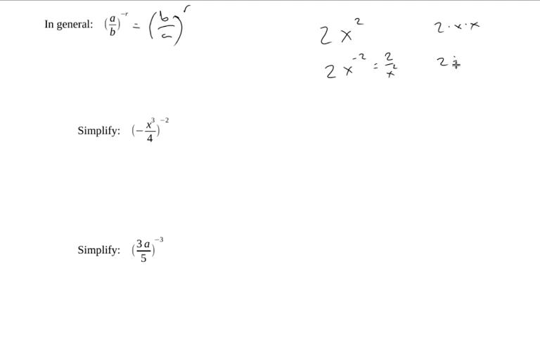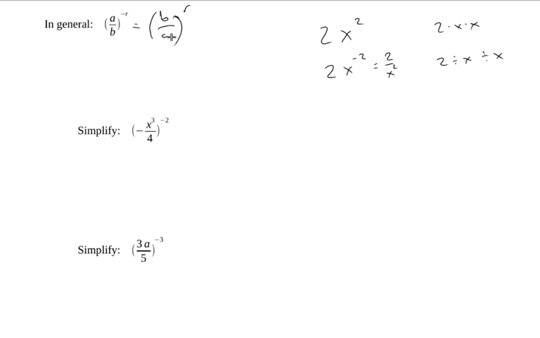So this is 2 divided by x divided by x. So instead of multiplying by x a number of times, you're dividing by x a number of times. We're dealing with the inverse operation, where instead of multiplying, we're dividing. And the reciprocal is exactly that whole inverse idea again.